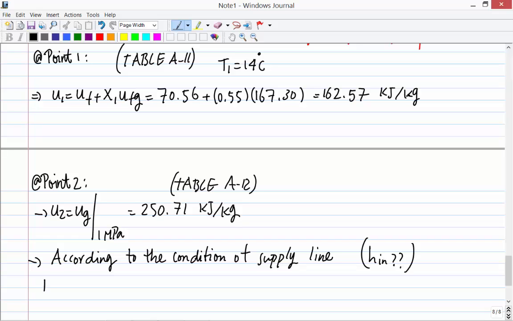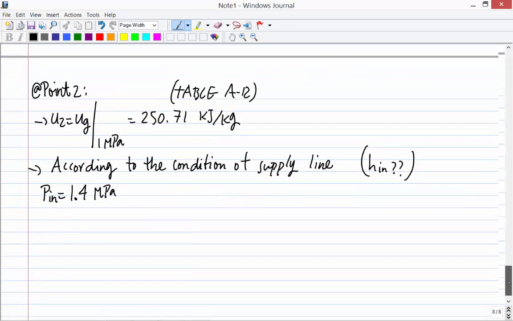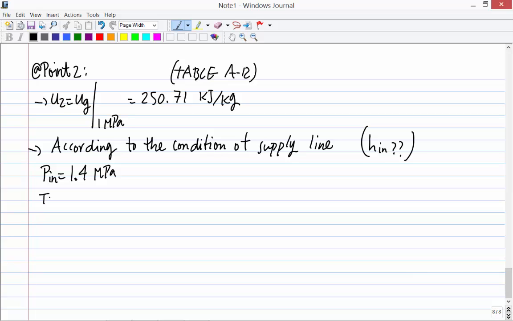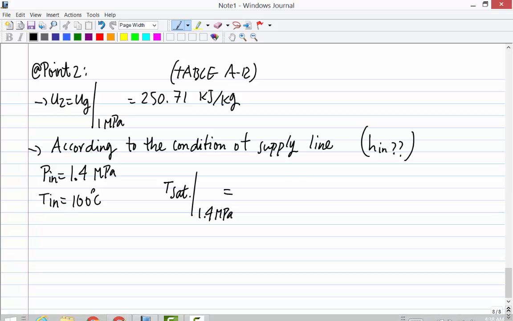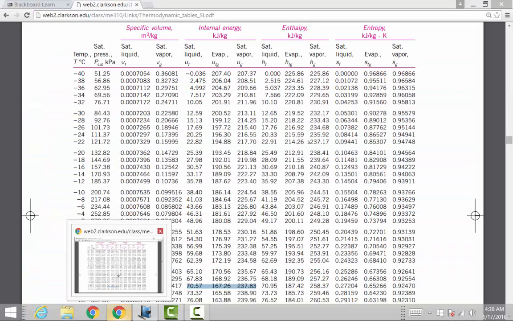I know that P_in is 1.4 megapascal, and according to the text, the temperature is given as 100 degrees C. Therefore, the saturated temperature at 1.4 megapascal equals, let's go to the table here.